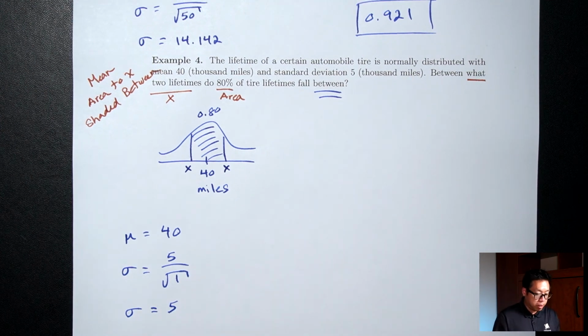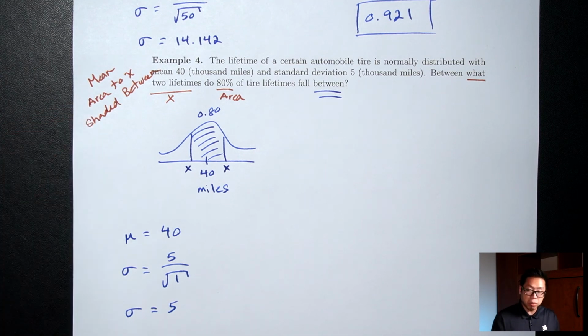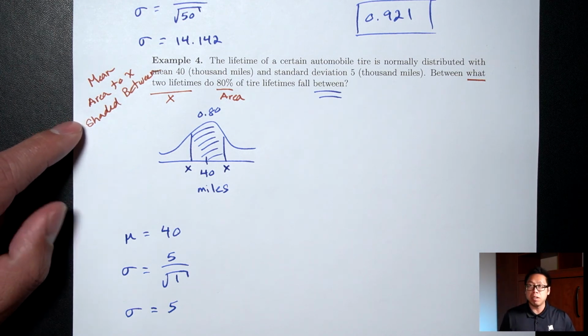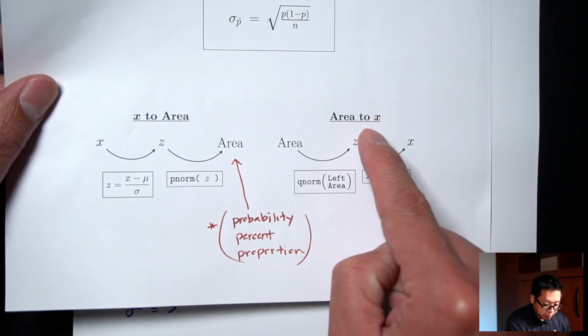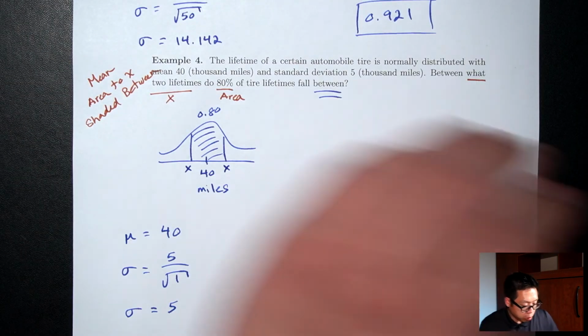From here, it should be the same steps as any area to x shaded between type question. So we need to go back to the original normal distribution lecture and look for an example of an area to x shaded between. Area to x, first thing I need to do is q-norm the left area.